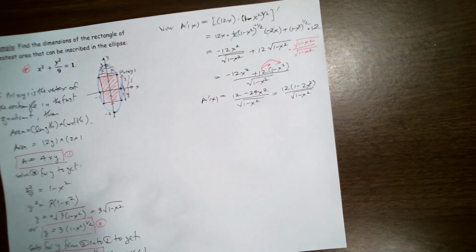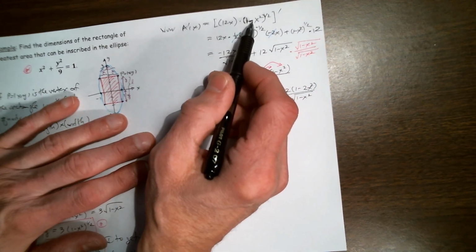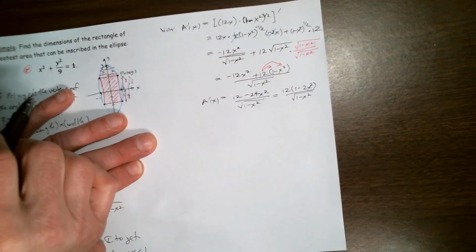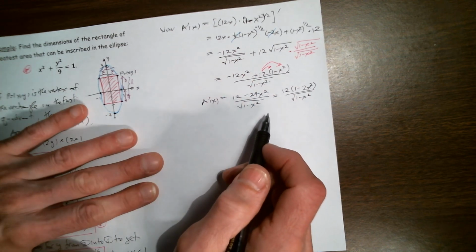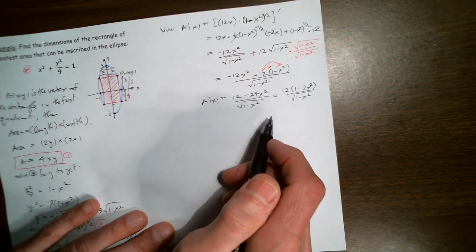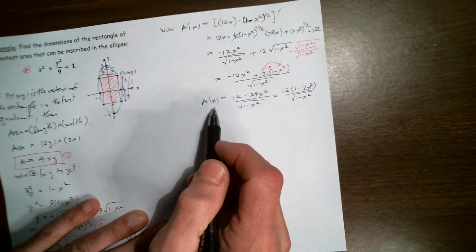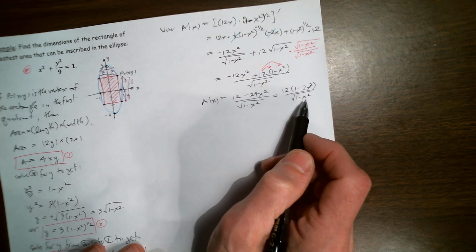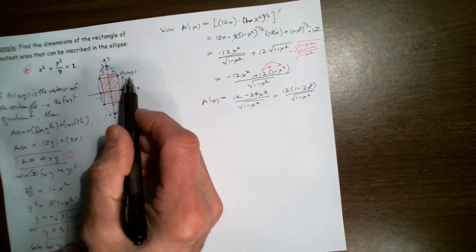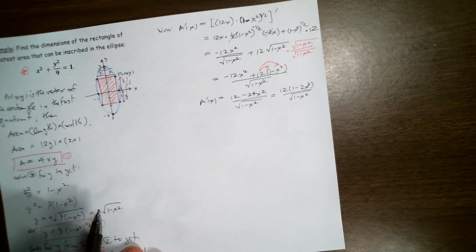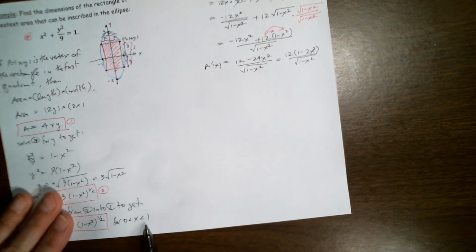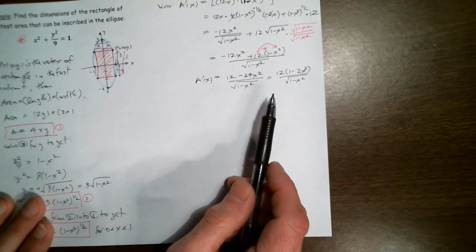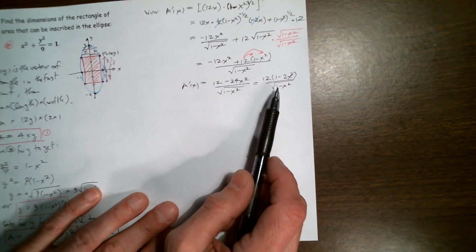So it was a little bit of work because we had to use the product rule and then also the chain rule for the derivative, and then there was a little bit of algebra to simplify the formula as much as possible. Now we know that, remember, the denominator, root 1 minus x squared, will always be positive in our problem because, remember, the x value is a number that lies between 0 and 1 as it's the x coordinate of that point P. Okay, so the denominator is always positive.